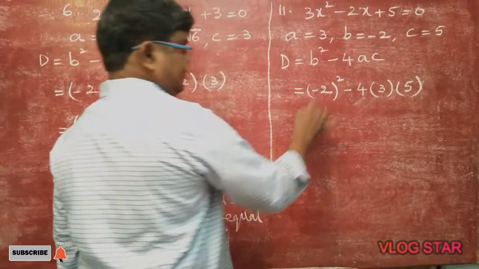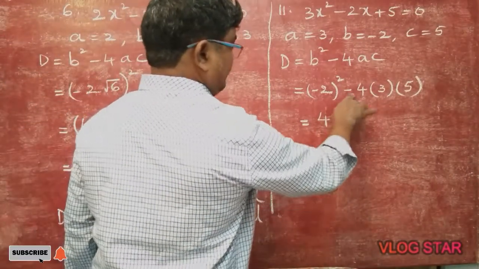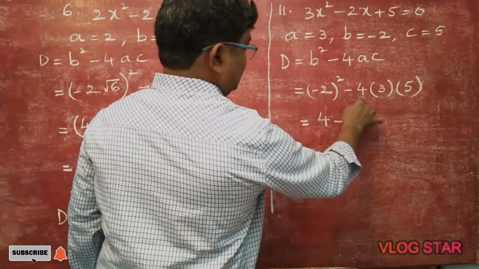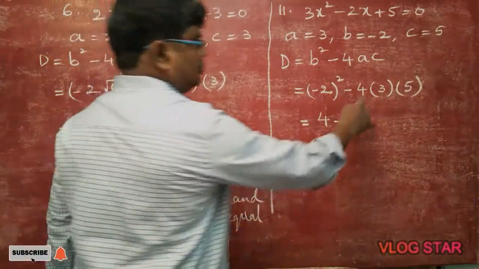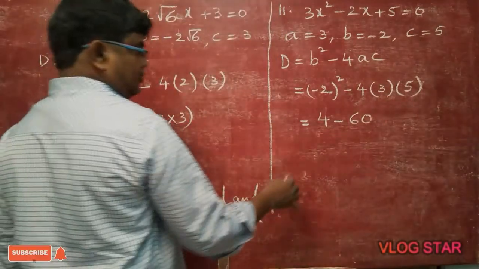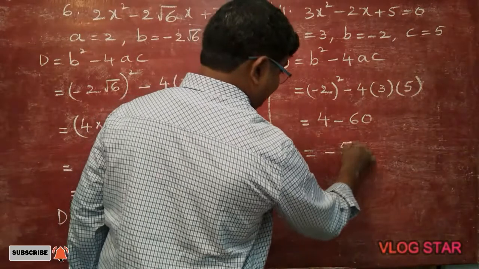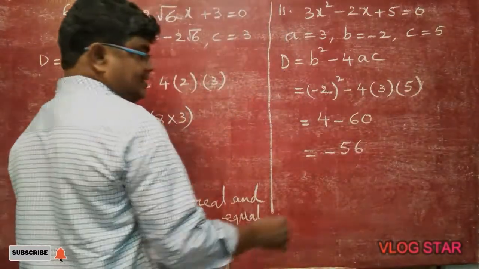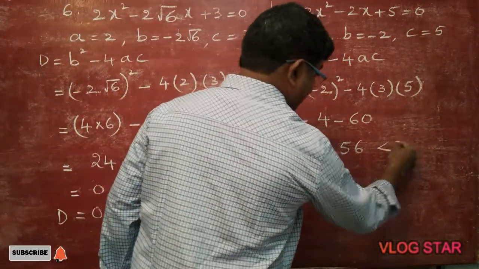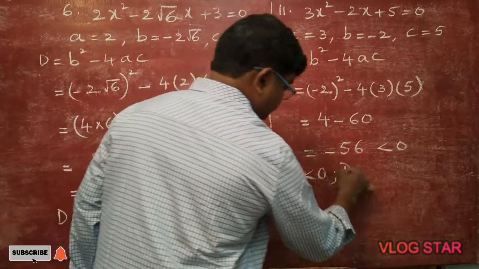Minus into minus plus, 2 2s are 4, minus 4 3s are 12, 12 5s are 60. Now 4 minus 60 is minus 56. What is minus? Less than 0. So D less than 0 means what?